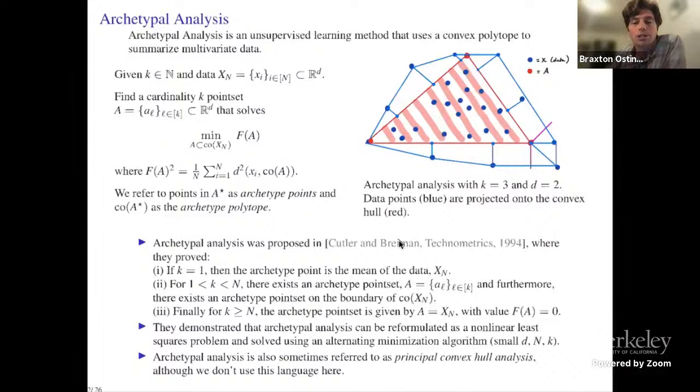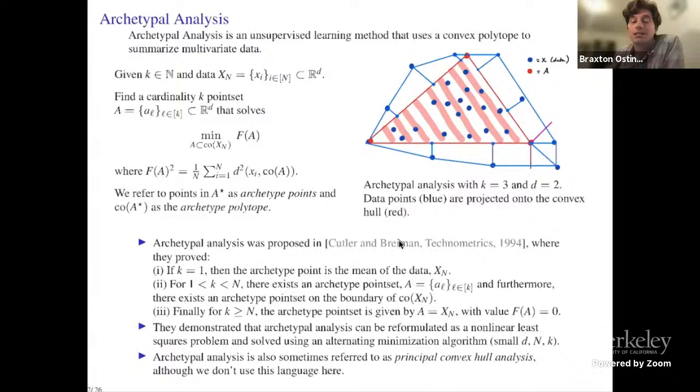This was proposed in 1994 by Cutler and Breiman, and they proved several results. If k is 1, then the archetype point is just the mean of the data. That's not very surprising. When k is between 1 and n, a minimizer exists, it is not unique, but the point set lies on the boundary of the convex hull of the data.